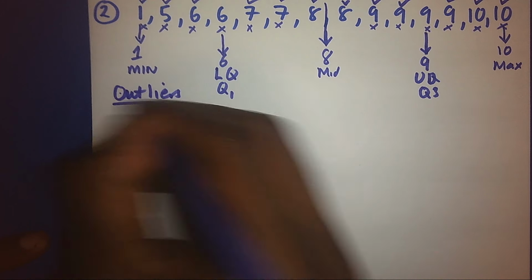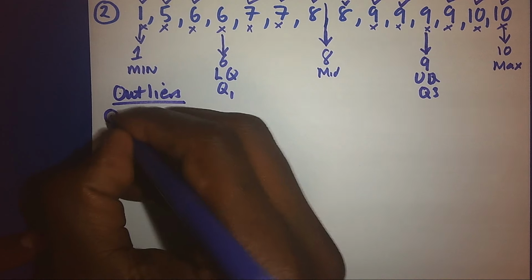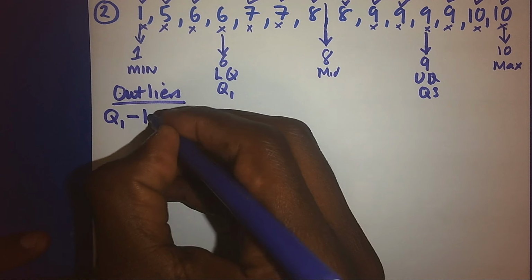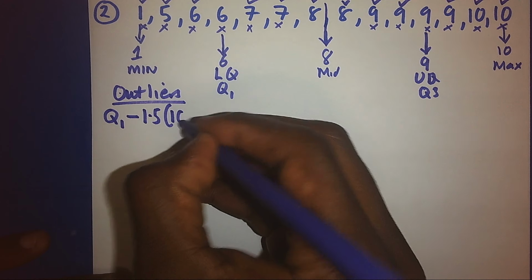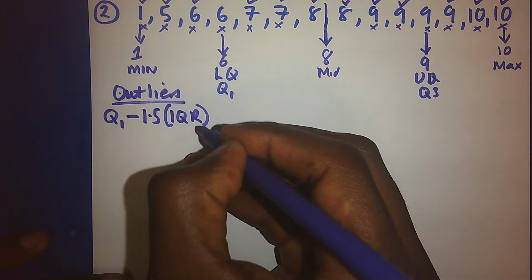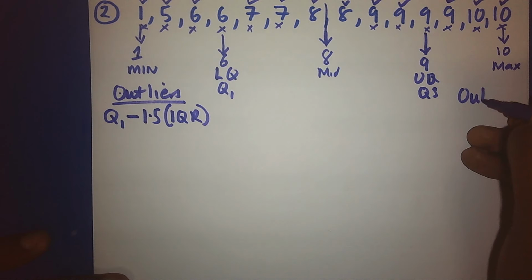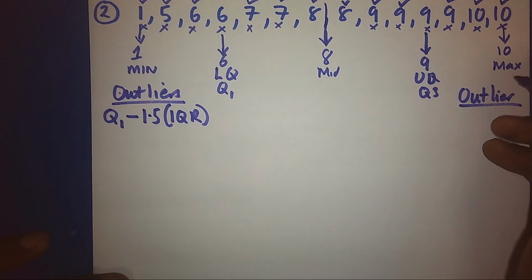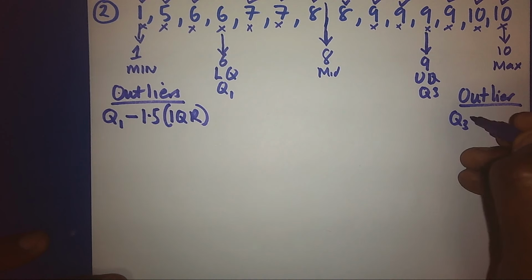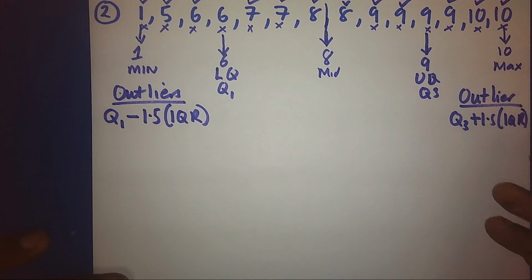In order to test for outliers, we shall use the formula Q1 minus 1.5 times the interquartile range. In the same way, to test for an outlier on the upper side, I will use Q3 plus 1.5 times the interquartile range.